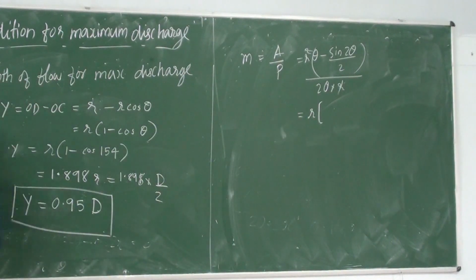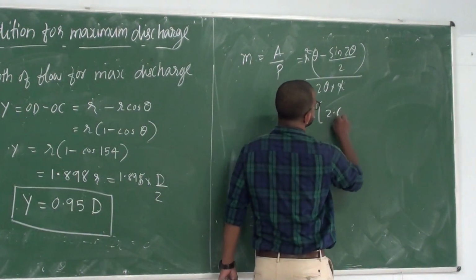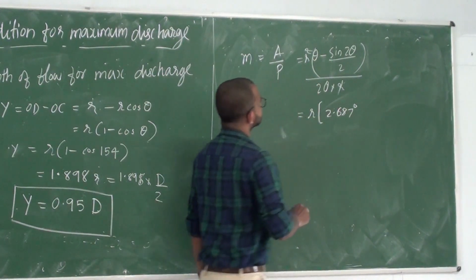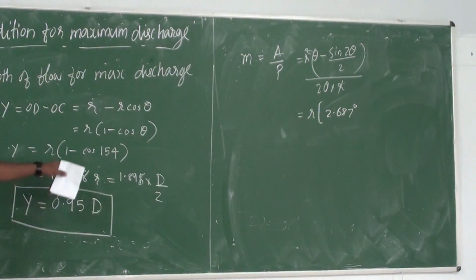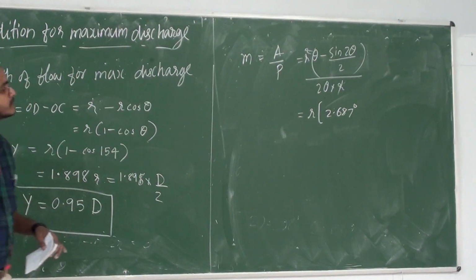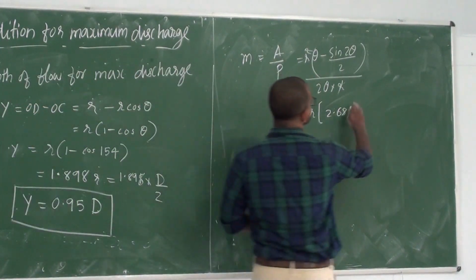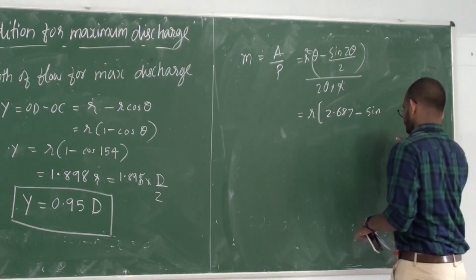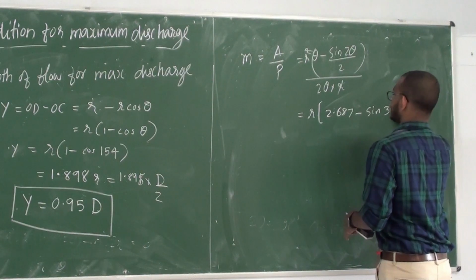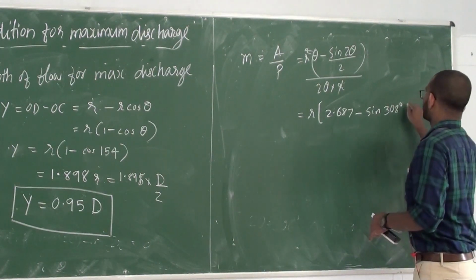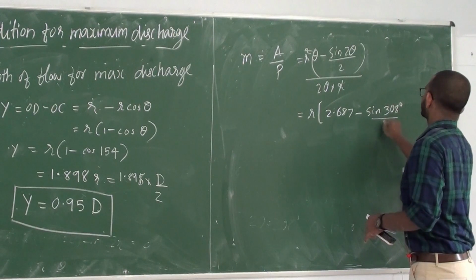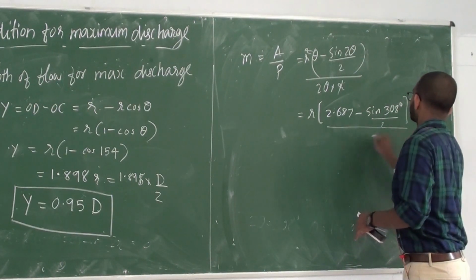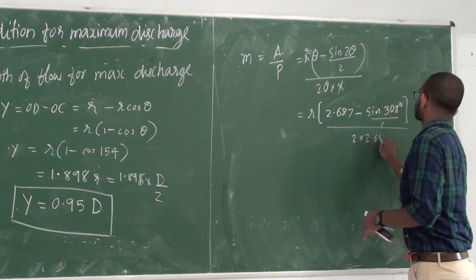So we have to convert into radians. Theta equal to 154 degree converted into radians gives 2.687 radians, minus sin 308 degree by 2, divided by 2 into 2.687.